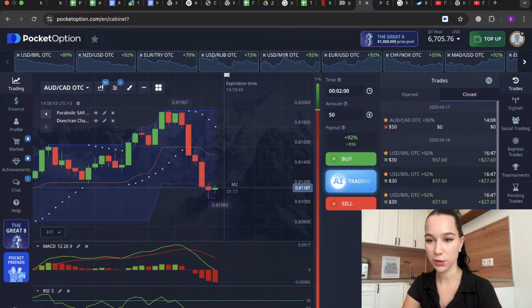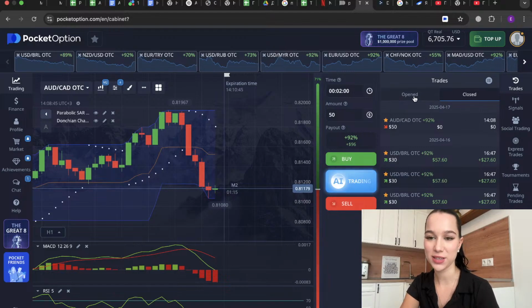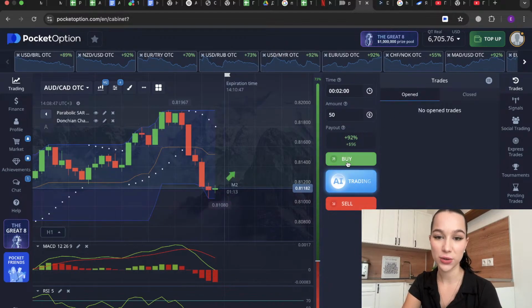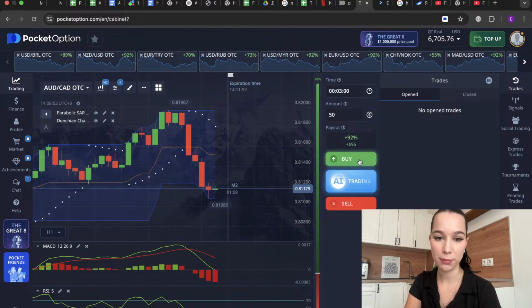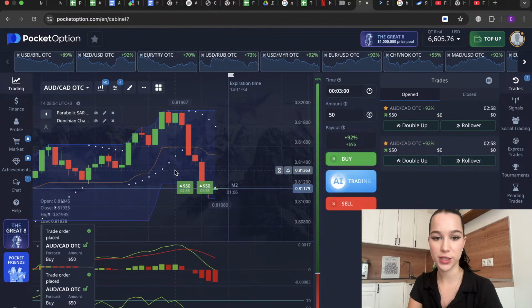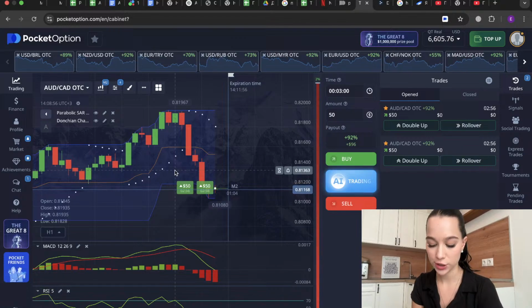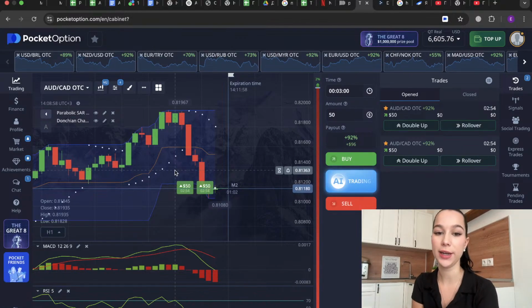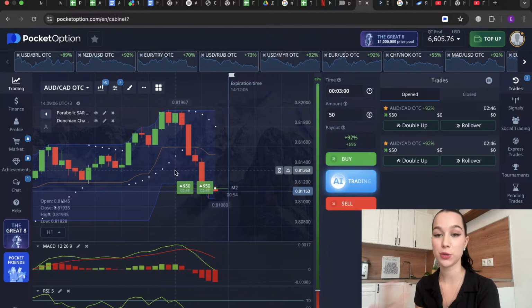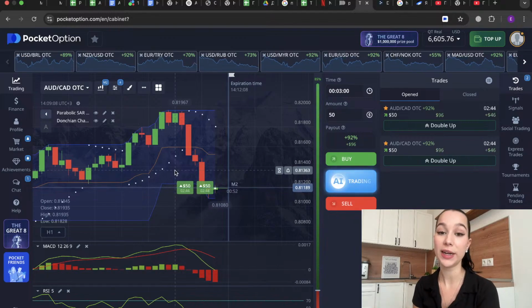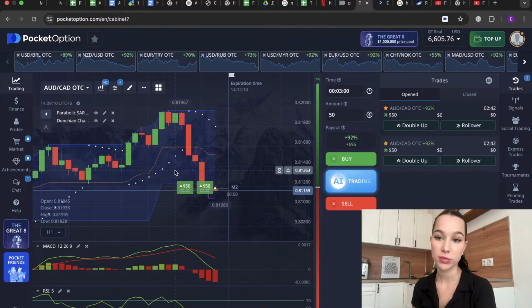By the way, you can see how many trades in the plus I closed before here. So here we can open a catch up. Let's change it to 3 minutes, and I open 2 trades for $50 each. So how the catch up works: if we didn't close the first trade, for example for $50 as I did, I open the next trade 2 times more, so I double the amount of money, and I open the next trade in the same direction or in a different direction.